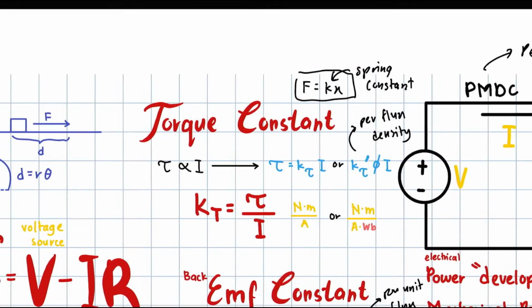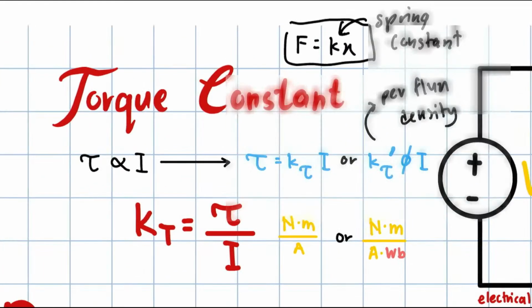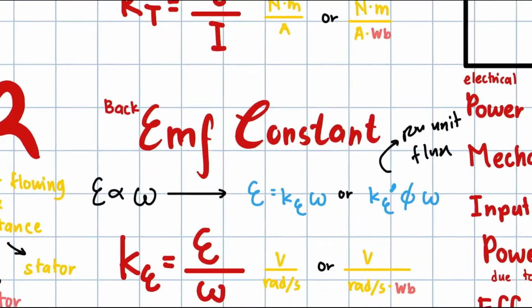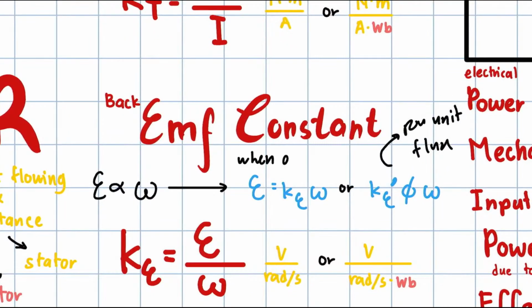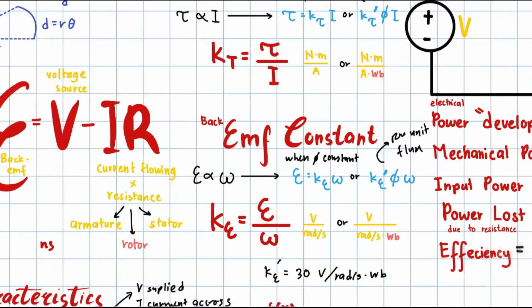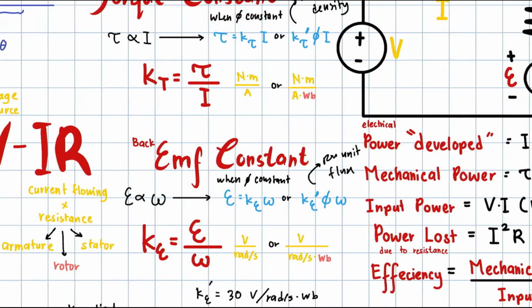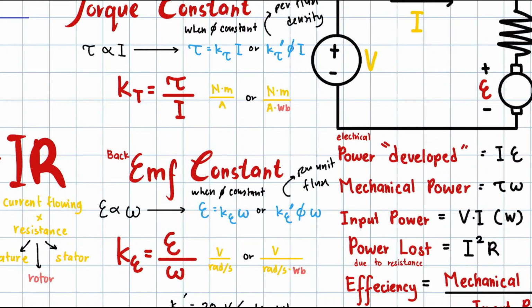Okay, let's put it here. Okay, when the flux density is constant, you use K E omega, but when it changes, you use K prime omega, K prime phi omega. Okay.